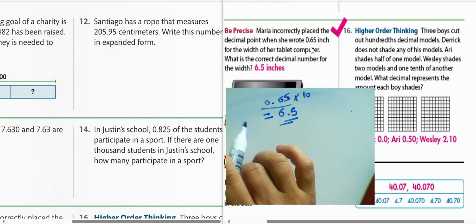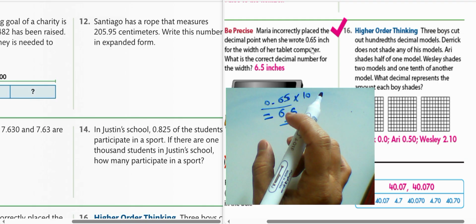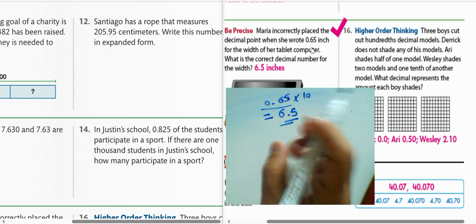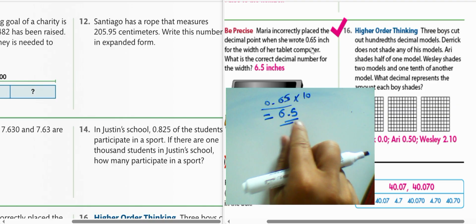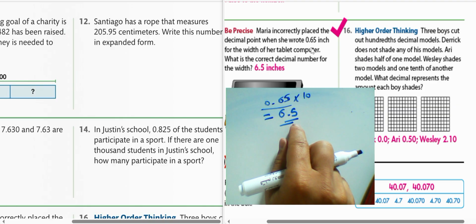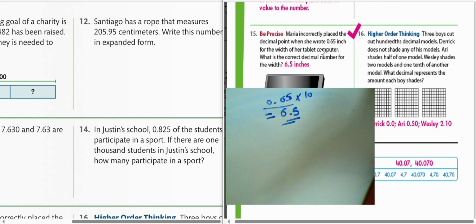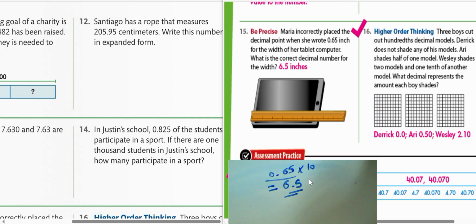Understood? He gives us 65 hundredths inch for each width in her tablet computer. What is the correct decimal for each width? We must write 6.5. We call it 6 and 5 tenths, or 6 and a half. Not this number, because it's the width of the tablet like this.